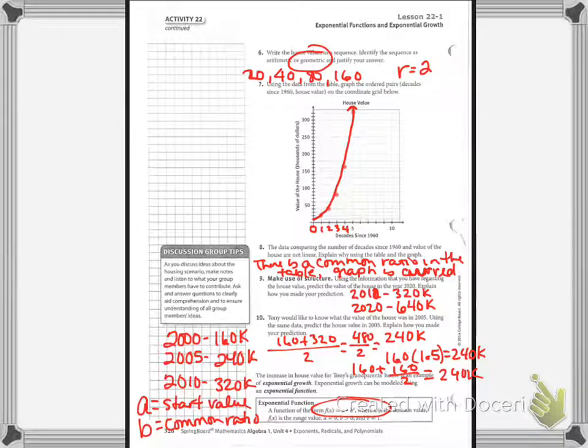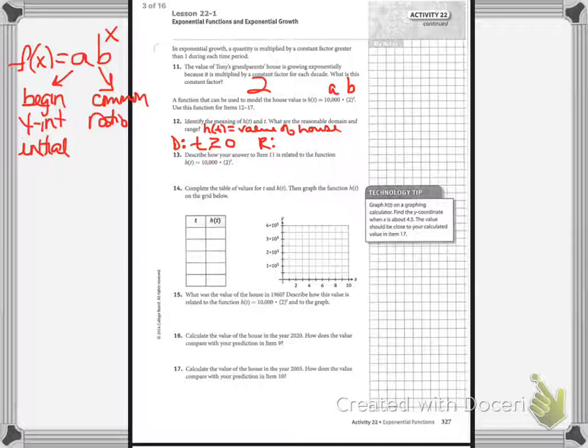The range, though, started at 10,000 and went up. So our range, we can say h of t, because that's what they give us instead of y, is greater than or equal to 10,000. How is it related to the function? For number 11, we can say 2 was our constant factor. We can also call it the common ratio.